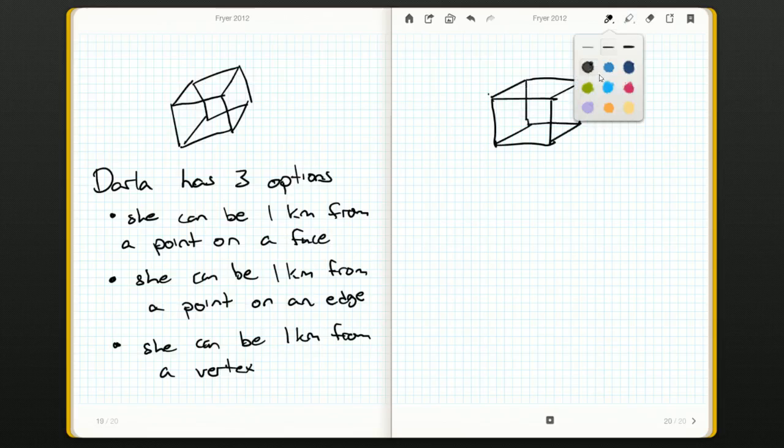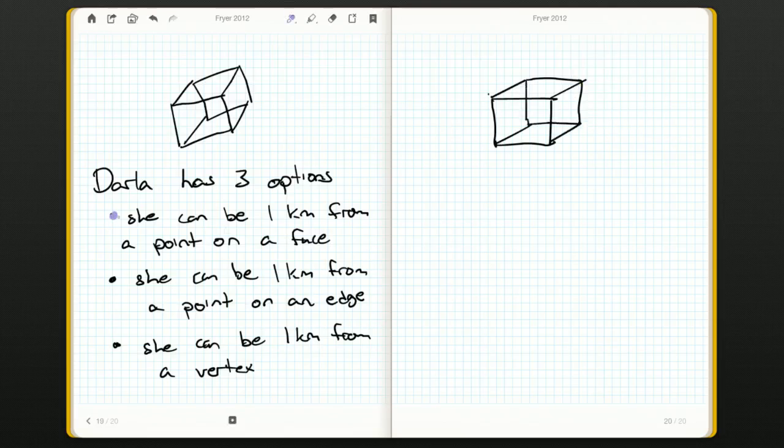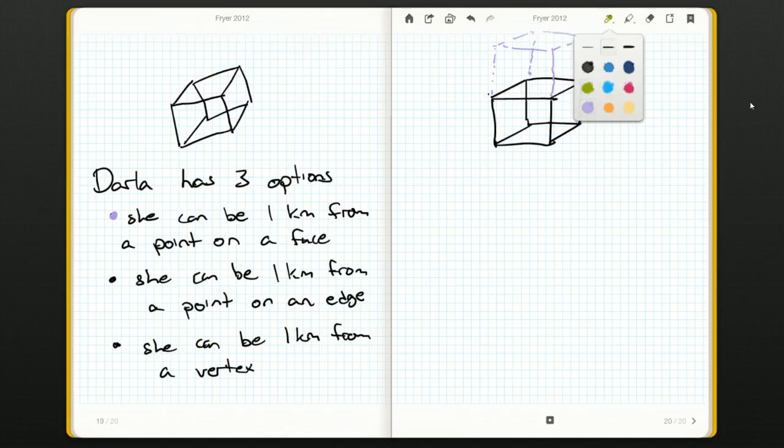So in the first scenario, which we'll use the purple for, well, the mauve, I guess, lavender almost, she can sort of be up a whole cube's worth, because she can be at most 1 kilometer from any one of the points on this face here. Okay, how about green?